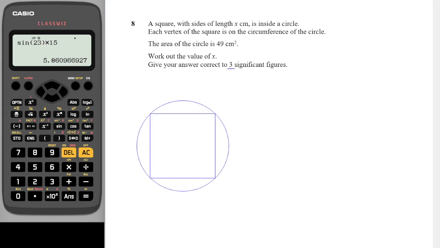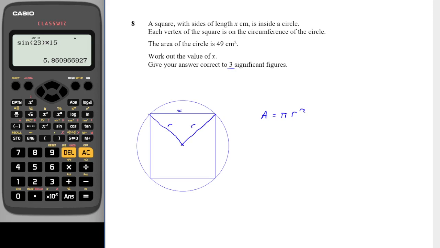So in effect, we're told that this length here is x, and we're told that the area of the circle, which would be pi r squared, is equal to 49. So I'm going to call it r for now, and I'm actually going to label it r and r there for now.